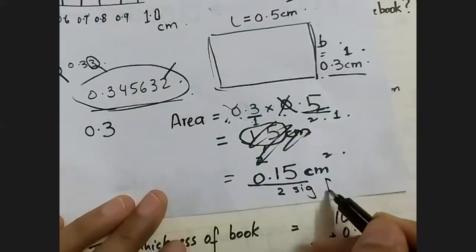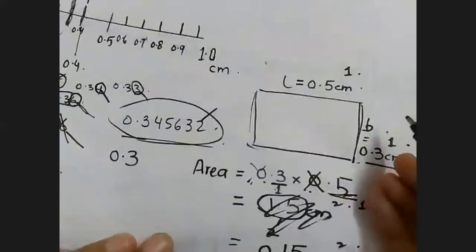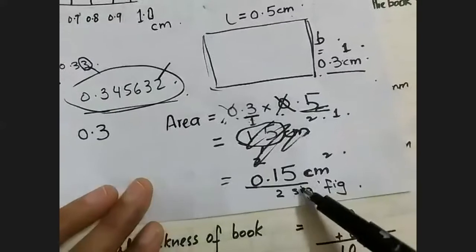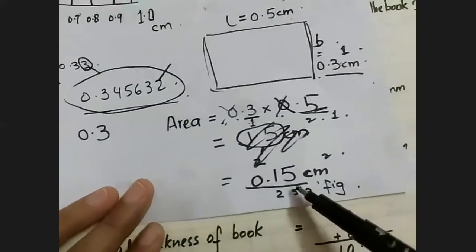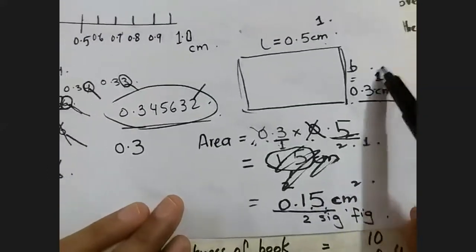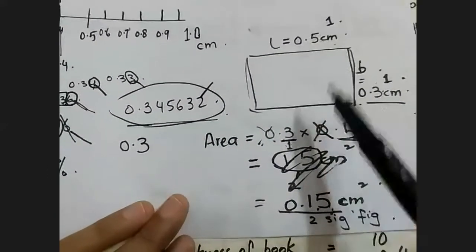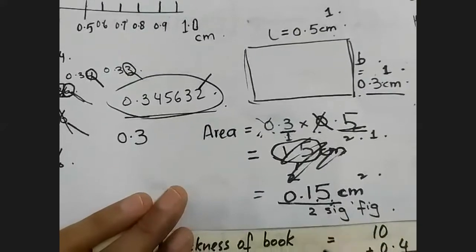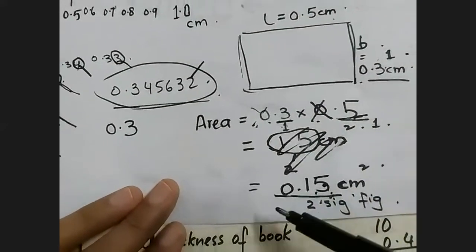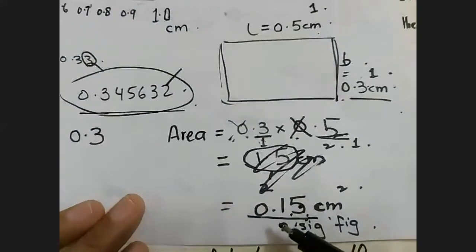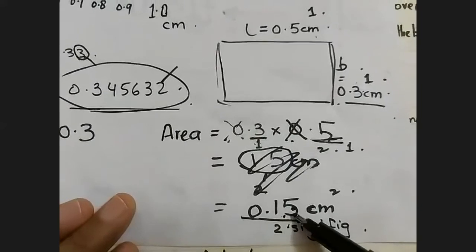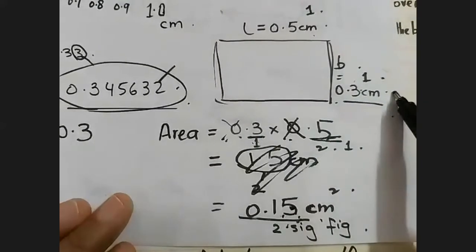So are we trying to say that these numbers are less accurate and the answer is more accurate? Now, how can you get something more accurate from less accurate? You cannot get an answer which is more accurate from less accurate numbers.